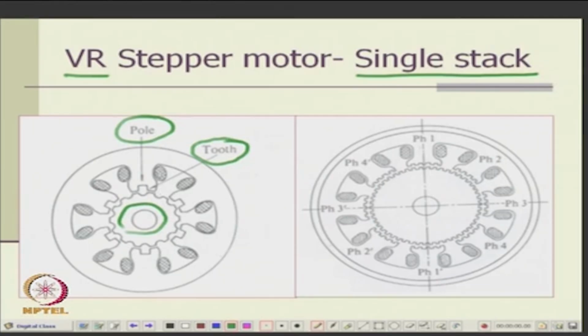As you go on exciting different coils in sequence, there will be a movement as we have indicated. You put phase 1 and then you can have more number of teeth here. Can you see here? As they say, castellated etc.